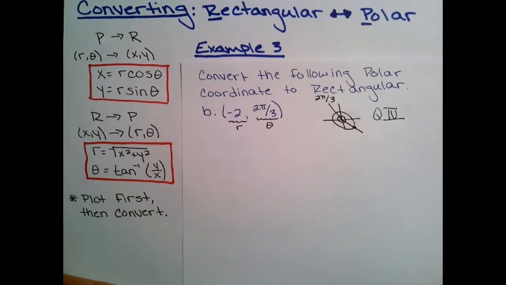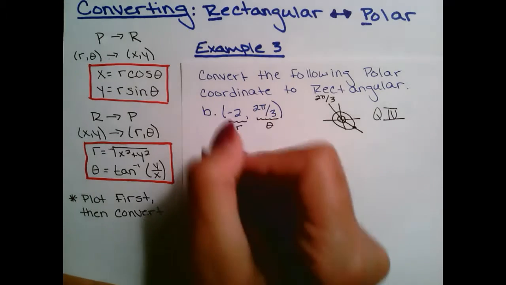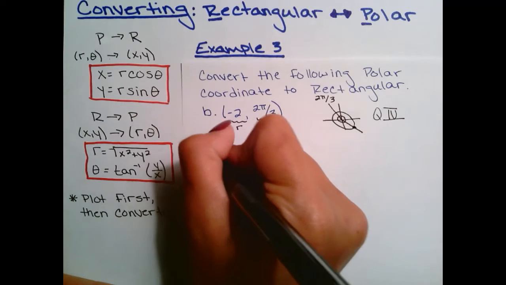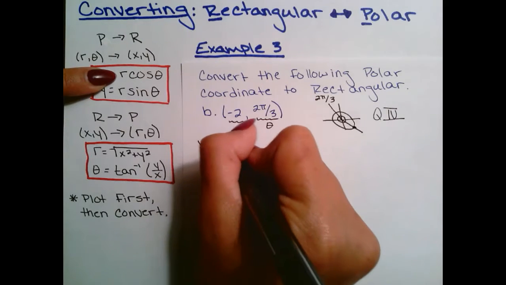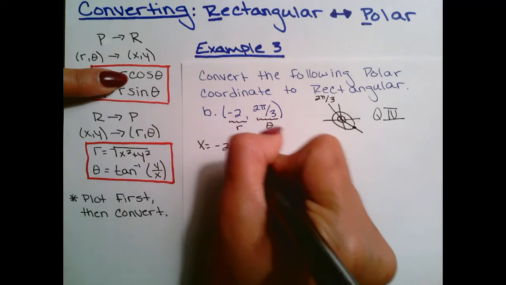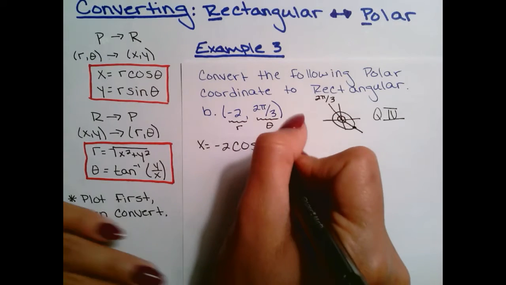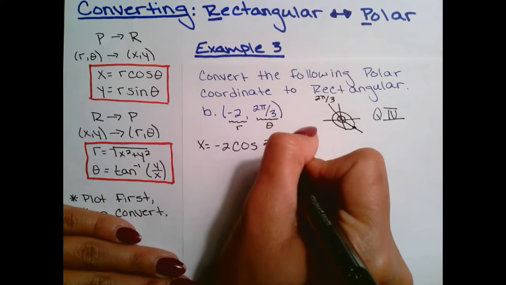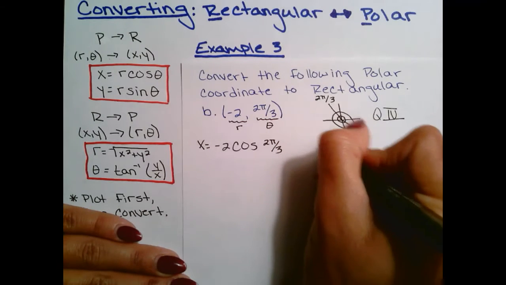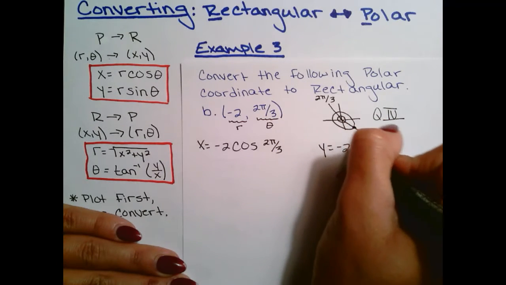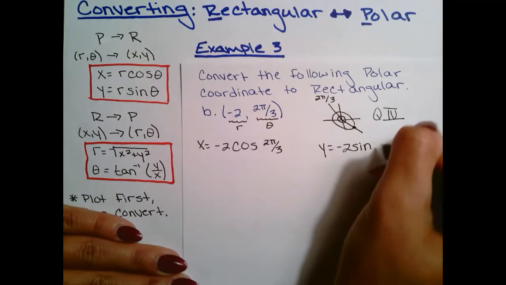Okay? So now, step 1 is to find my x. X is equal to r, here my r is negative 2, times cosine of theta. Here theta is 2 pi over 3. And then we'll do the same for y, but with a sine.